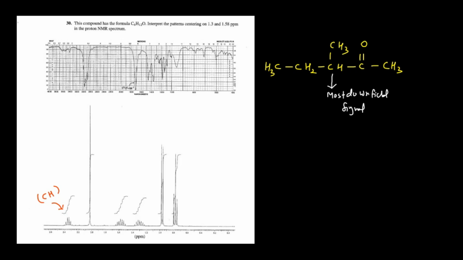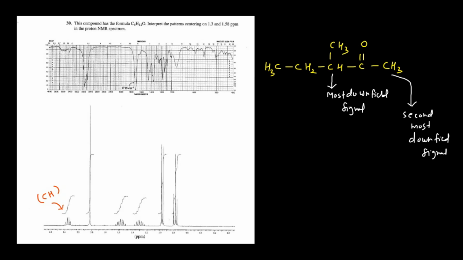And then next one is this one. This is your second most, not this one, very sorry. Now you can see this particular one, this is the second most downfield signal. Why second most downfield signal? Because this is the alpha carbon and these hydrogens are alpha hydrogens. Similarly, this hydrogen is also an alpha hydrogen.